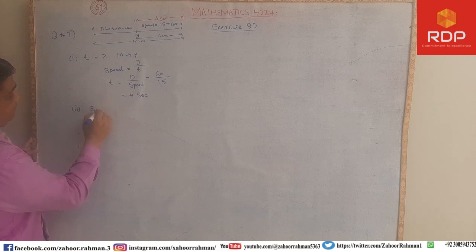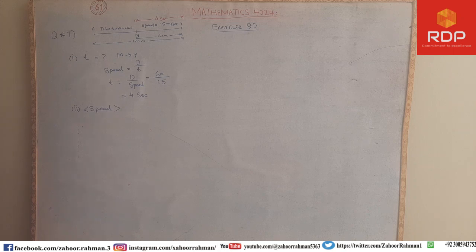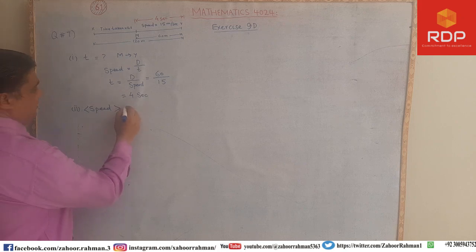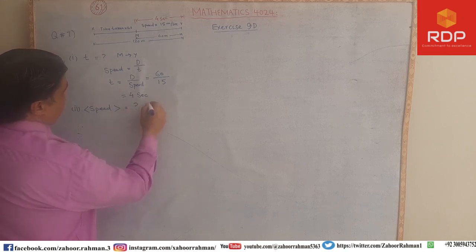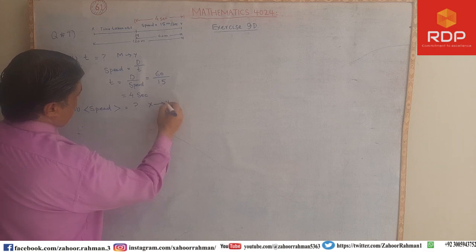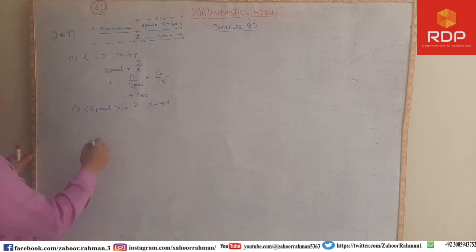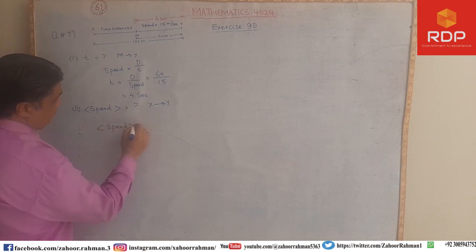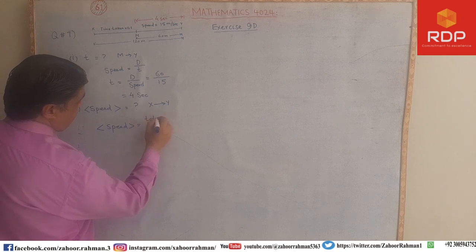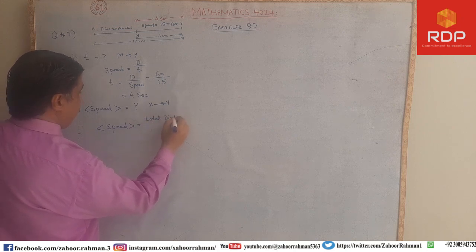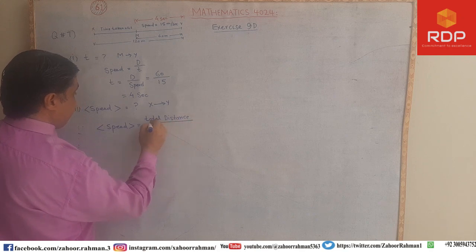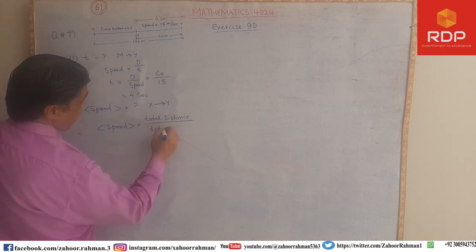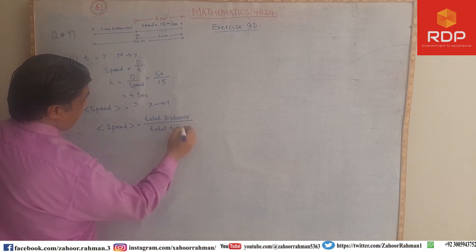In many books, for average, these angle brackets are used, from X to Y. Now average speed is equal to total distance divided by total time. Total distance divided by total time.